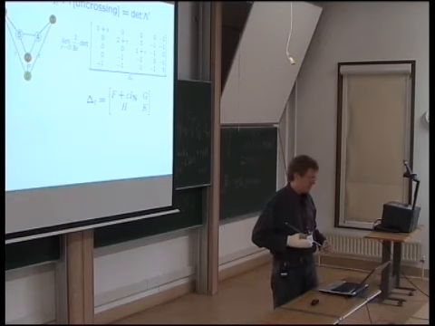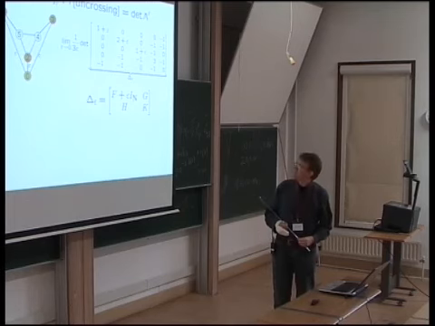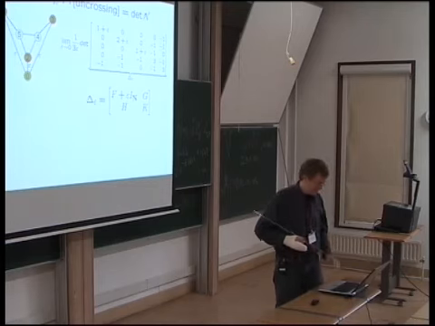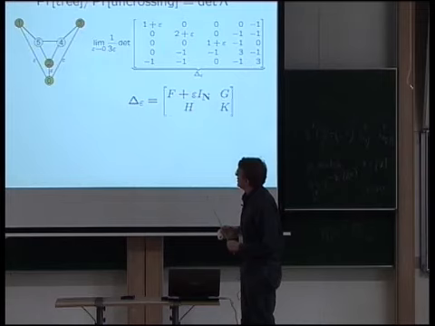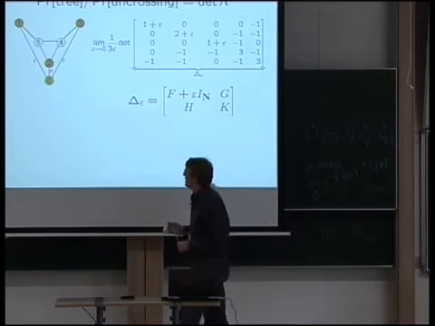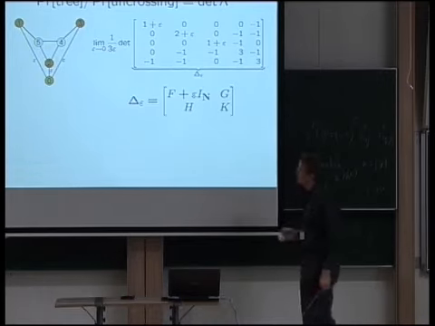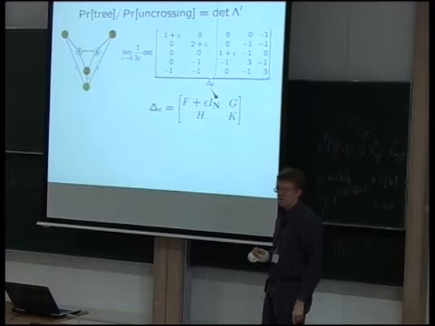I'm not sure how much I want to say about this. Okay, so let me just say that if you add an extra node, 0, with edges of weight epsilon going to all the other nodes, and you take the number of spanning trees of this graph and divide by 3 epsilon, that's also in the limit going to the number of spanning trees of the original graph.